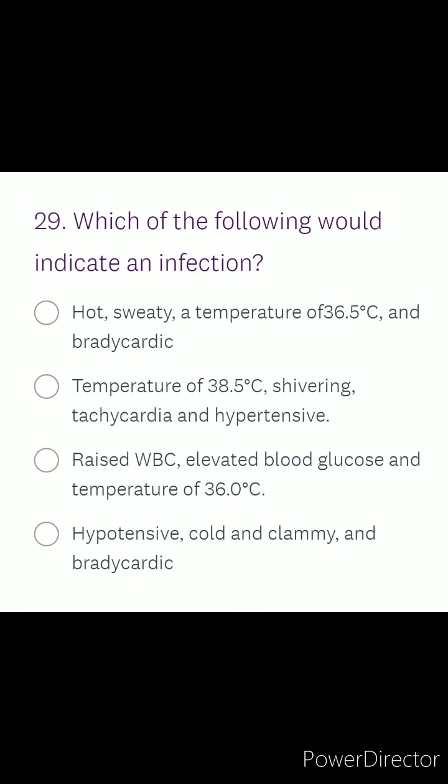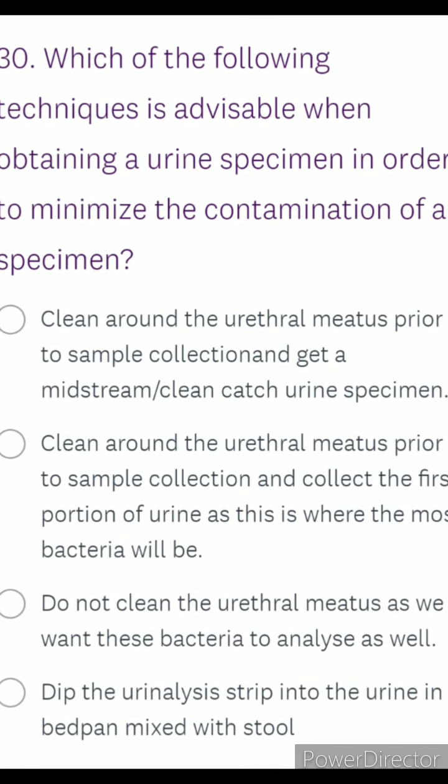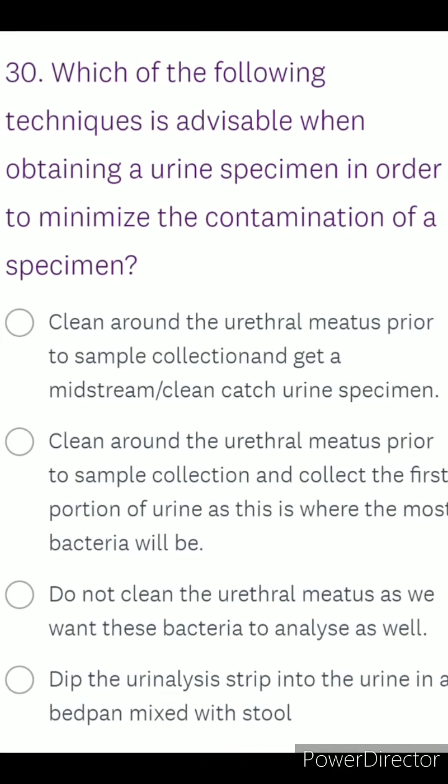30th question is, which of the following techniques is advisable when obtaining a urine specimen in order to minimize the contamination of a specimen? Option A, clean around the urethral meatus prior to sample collection and get a midstream or clean catch urine specimen. Option B, clean around the urethral meatus prior to sample collection and collect the first portion of urine, as this is where the most bacteria will be.